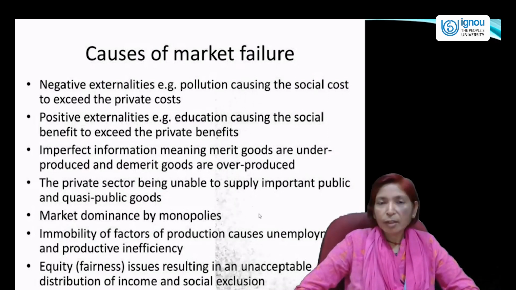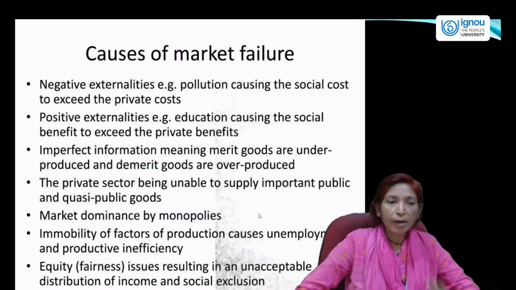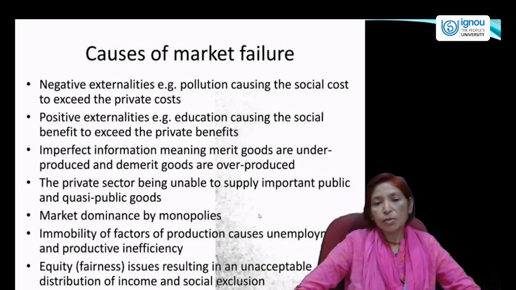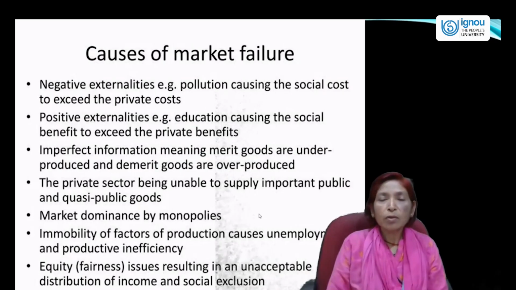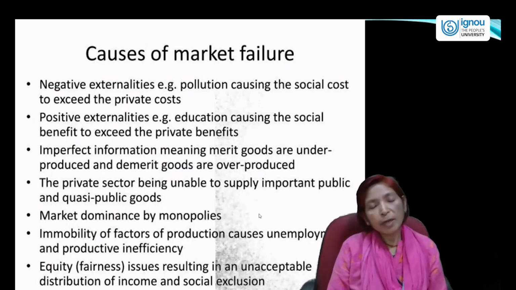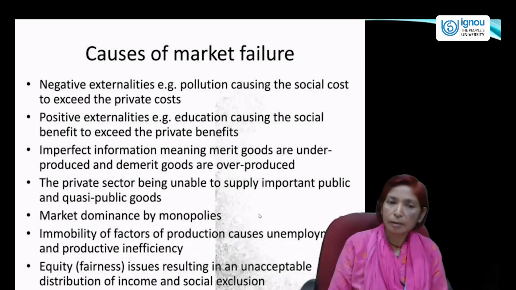Next is imperfect information. If imperfect information exists in the economy, merit goods are underproduced and demerit goods are overproduced. If merit goods are produced less and demerit goods are overproduced, in this case the market will become a failure.